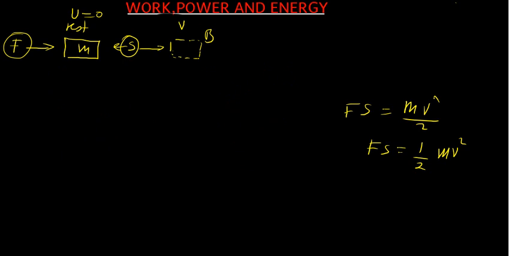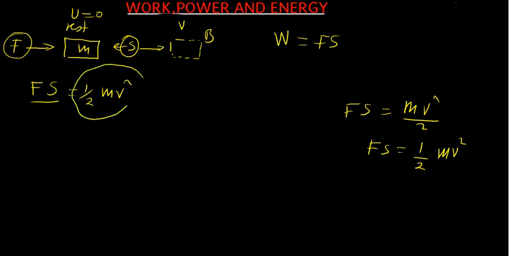So at this point, let me just write from this. We are saying Fs is equal to 1 over 2 mv squared. Now notice that Fs, work, is given by Fs. And then what we have here, half mv squared, is kinetic energy.